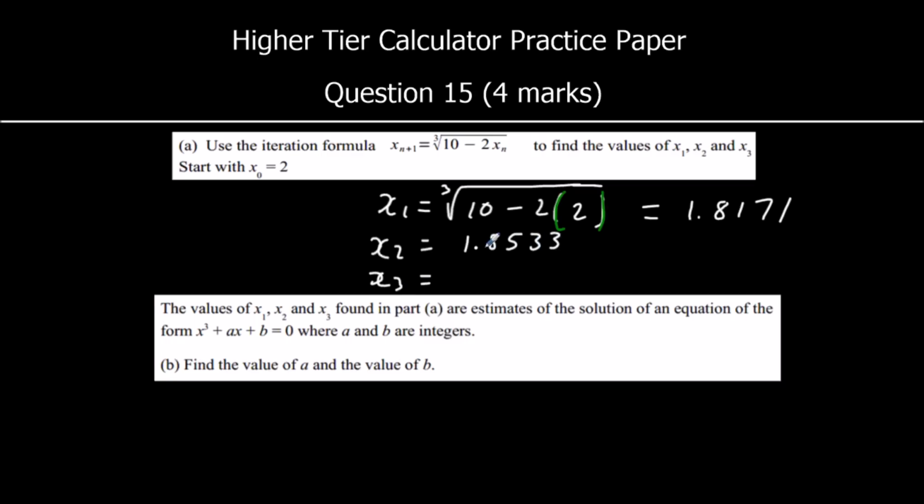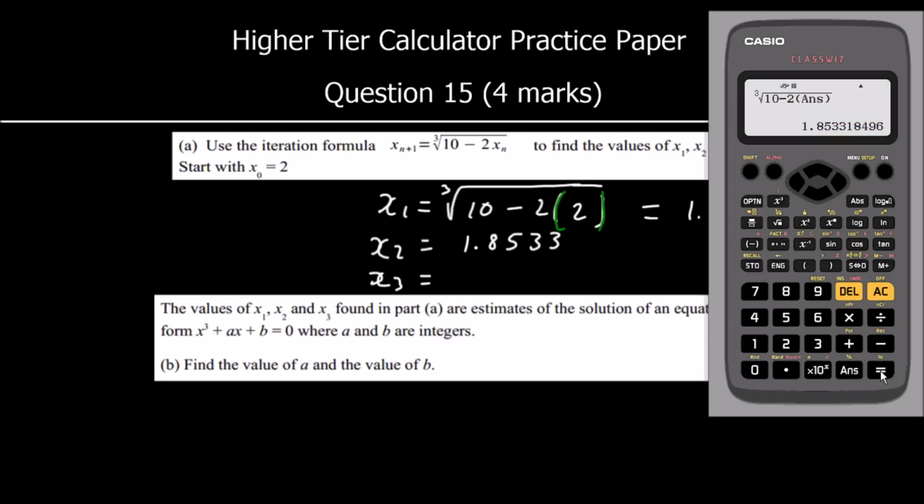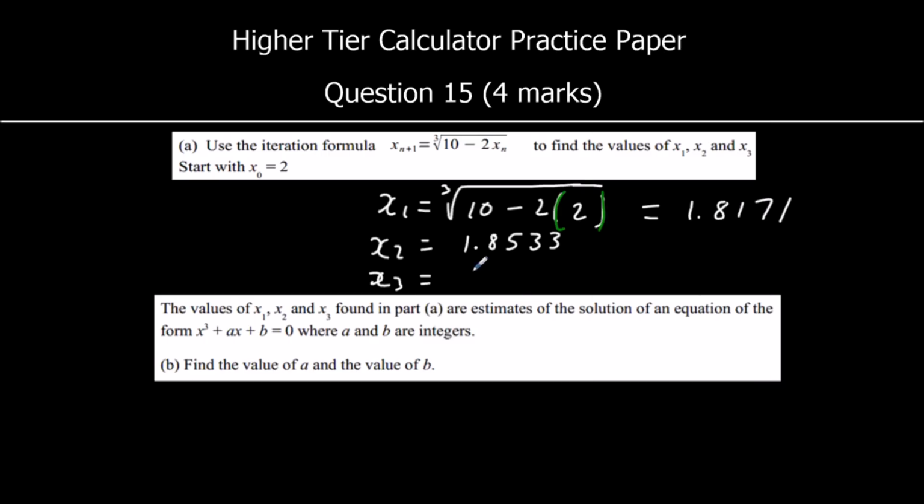And then we want to substitute 1.8533 in, which we can do by just pressing equals again, 1.8463. And that is the answer. We've got x1, x2, and x3.